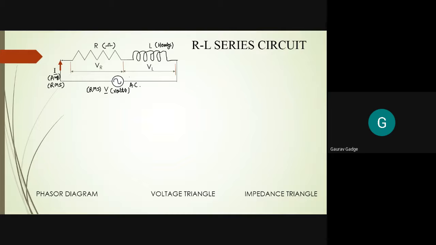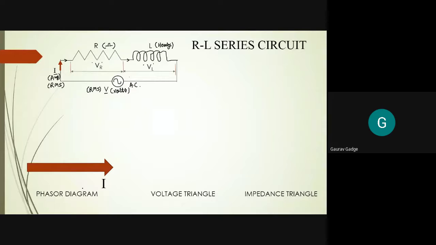Now, when this current passes through each element, the respective voltage drops as VR and VL. Since the current is the same for both elements, we can consider current as the reference for making the phasor diagram.